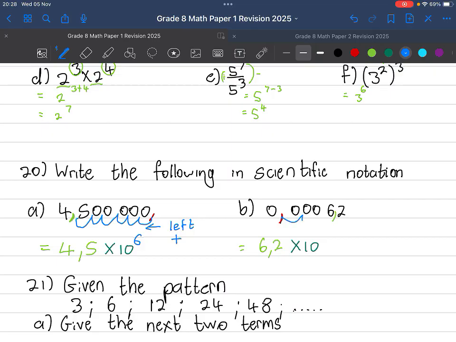So it's 1, 2, 3, 4 times. So it will be 4 times. And because the comma is moving to the right, the exponent is going to be a negative number. It's just following those few simple steps that will give you that answer, and then you're done with your scientific notation.